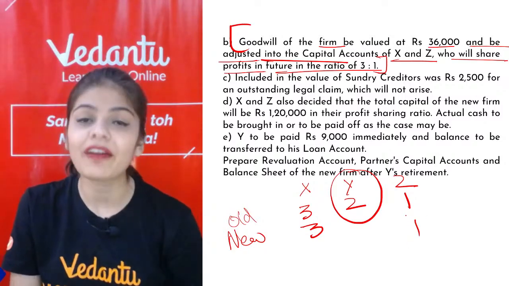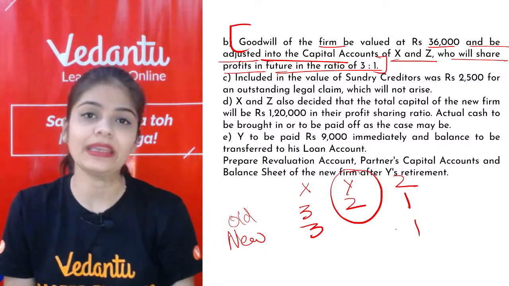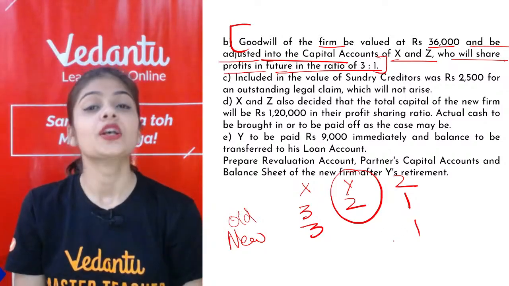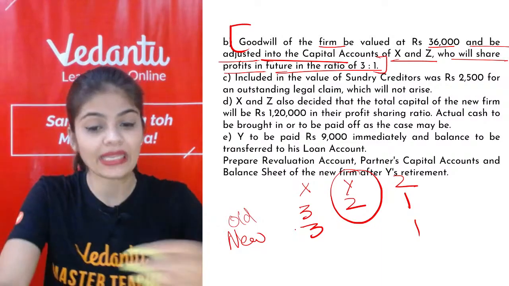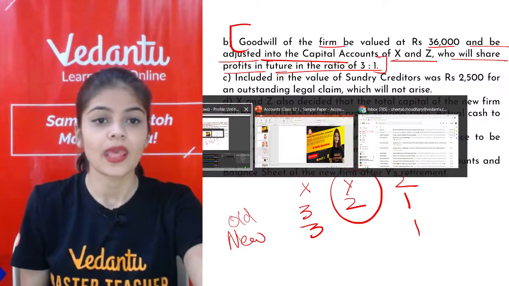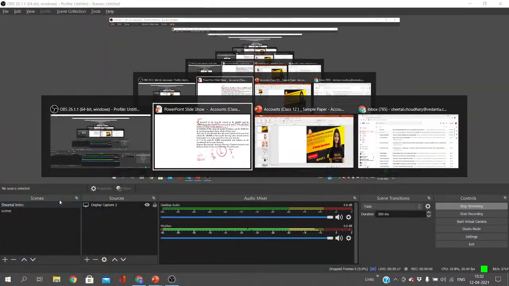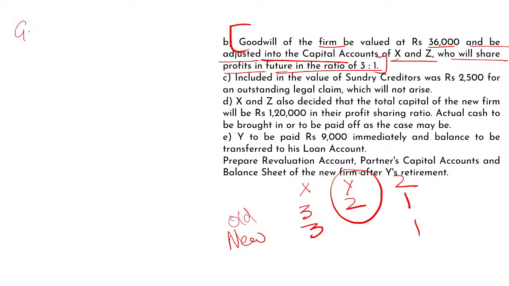Now you have to calculate the gaining ratio, and how will we calculate it? Gaining ratio is equal to new share minus old share.